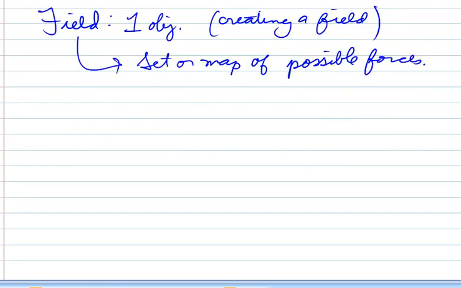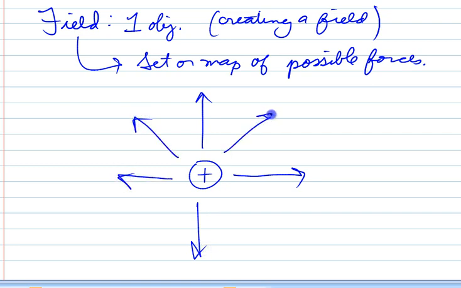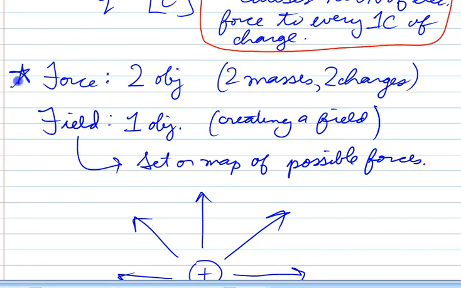If I have a positive charge, it has an electric field that points outwards. And what it says is that if I place down a positive point charge anywhere, it's going to experience a force outwards. Now if I don't put a charge down, I still have a field. But in order to get a force, I need a second object. So that's a very important distinction between force and field. With a force, you need two objects, but with the field, you only need one.